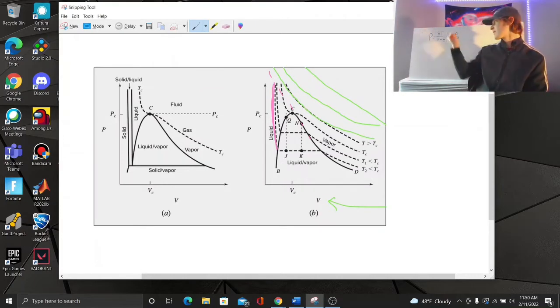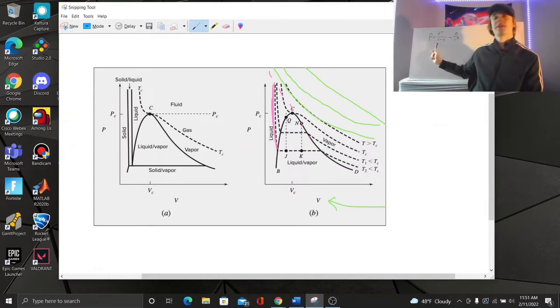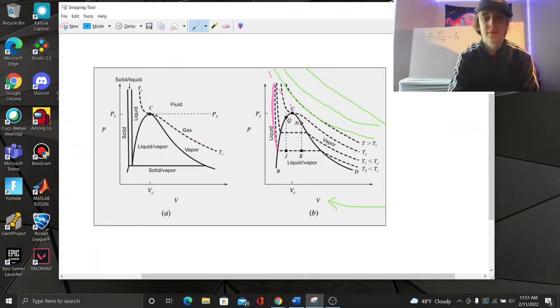And also the second derivative will equal 0 because it's changing from concave up to concave down. So next I will be taking the first derivative and second derivative of this and setting it equal to 0.